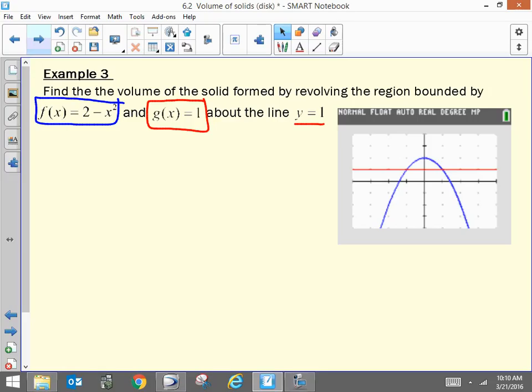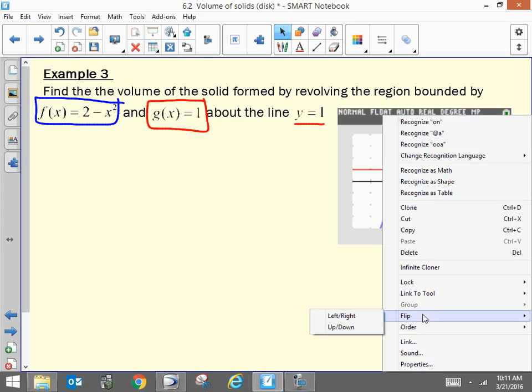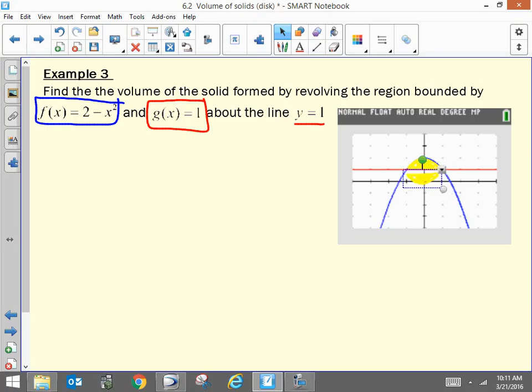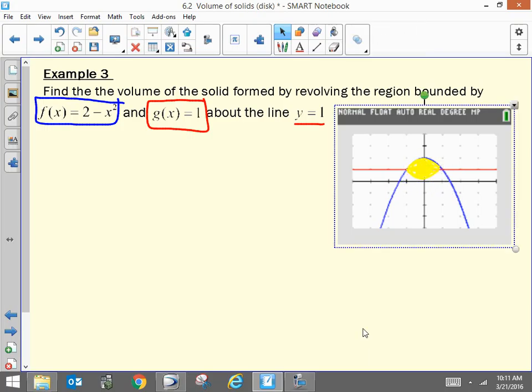Now the area we're revolving is just this little piece right here. If we revolve it, it ends up looking like that egg-ish thing again, because it's going to revolve around the red line.